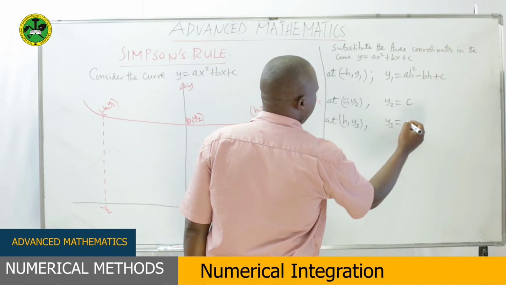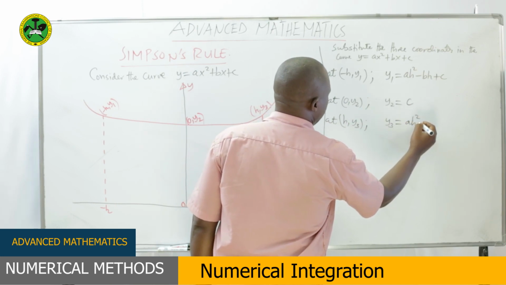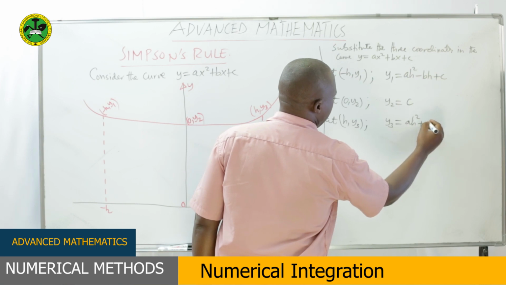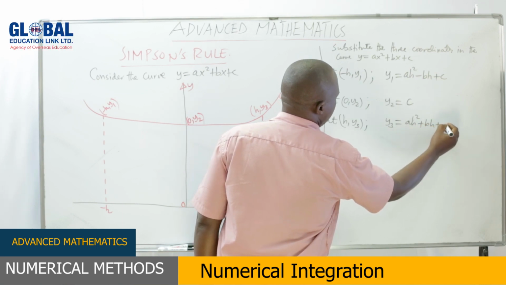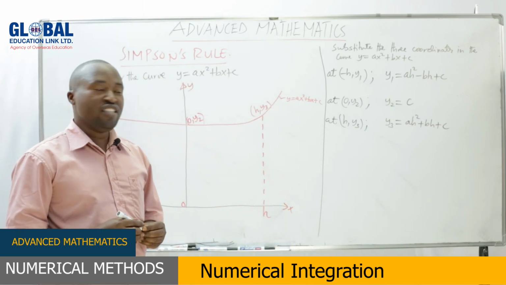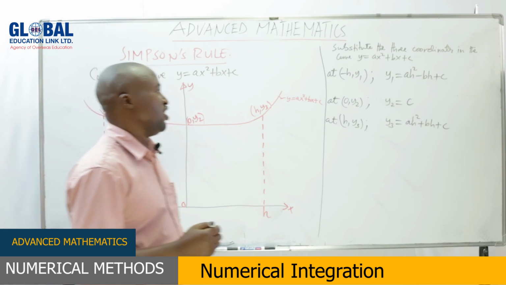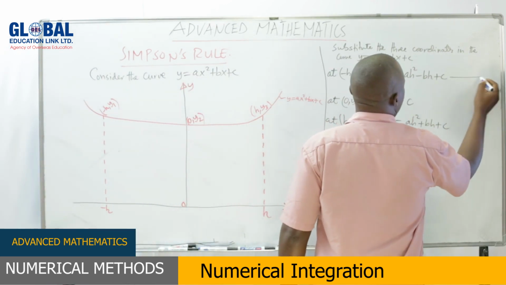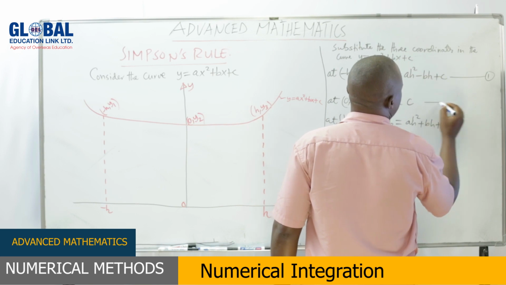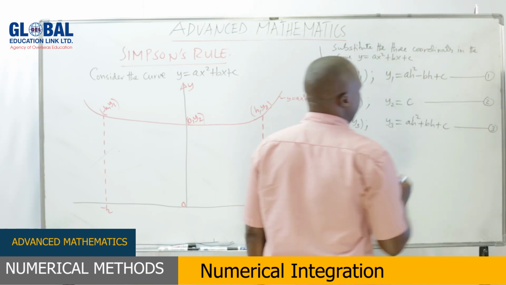So we are going to have ah squared, then this time plus bh, then plus c. So in this case, we have three equations: that is 1, 2, and 3.